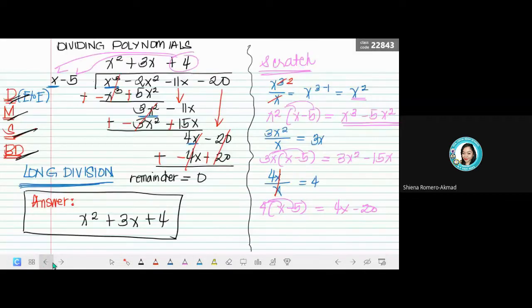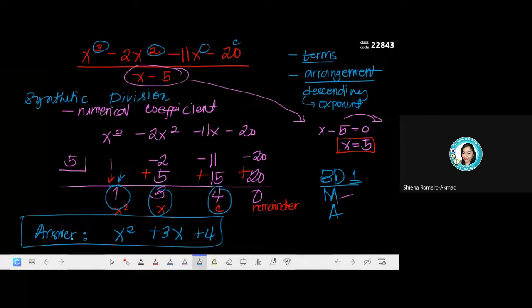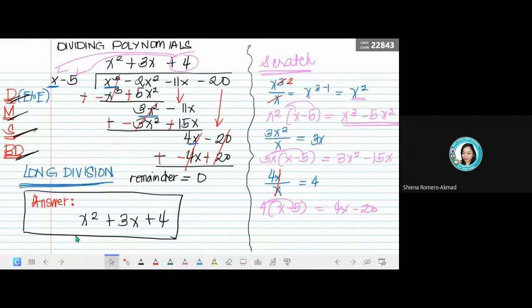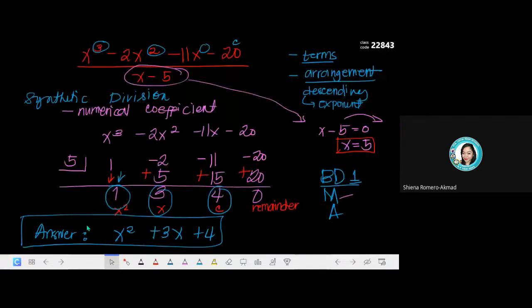So, ang tanong, pareho pa po ba sila? X squared, 3x, 4. Pareho po ba sila? Opo, pareho. So, ano yung mas mabilis gawin? Itong una? Or itong pangalawa? 1 or 2? How about the others? O, yun nasa FB Live. Gusto ko din mamili kayo.